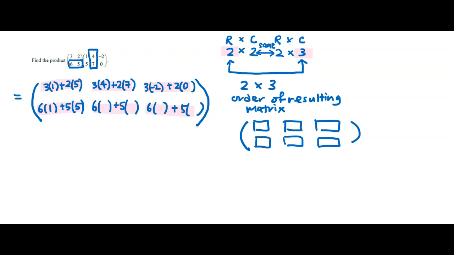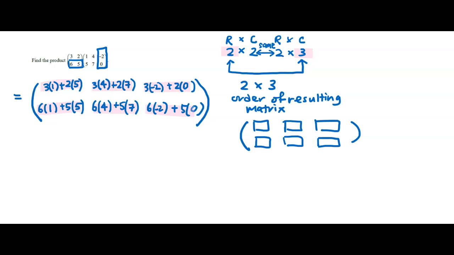Here I take the 6 multiply with the 4. 5 multiplied with the 7. And then next, I finish this off by considering the third column of the second matrix. I take the 6 multiplied with the negative 2, the 5 multiplied with the 0, and then I have my working done.